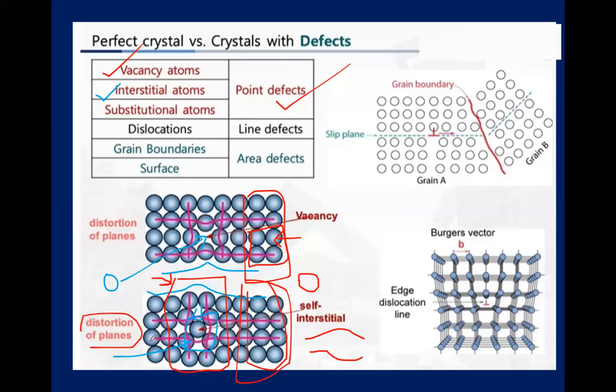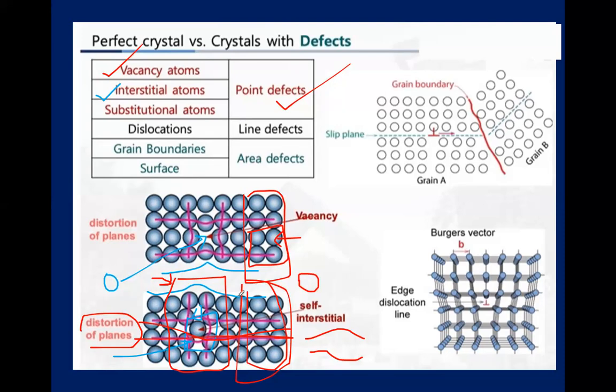These are the planes, and they can be distorted because of big ion replacements. Self-interstitial means an atom of the same size is replacing, and if it is replaced by a big ion or atom, then planar displacement and distortion can take place.